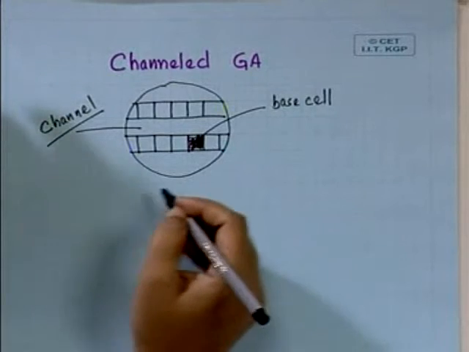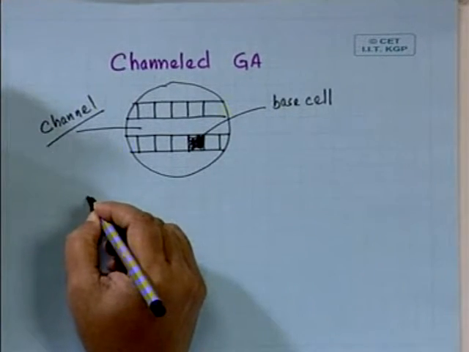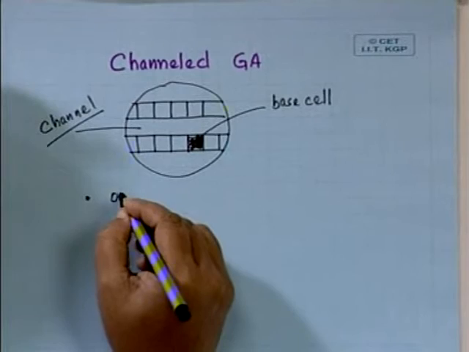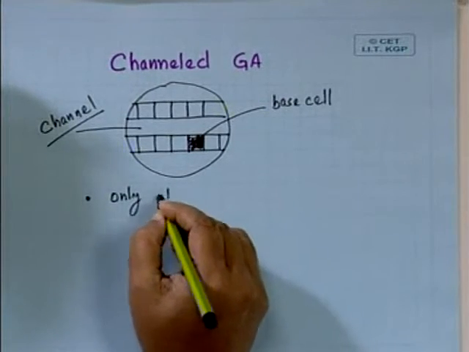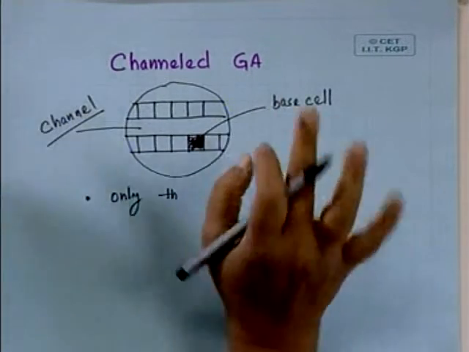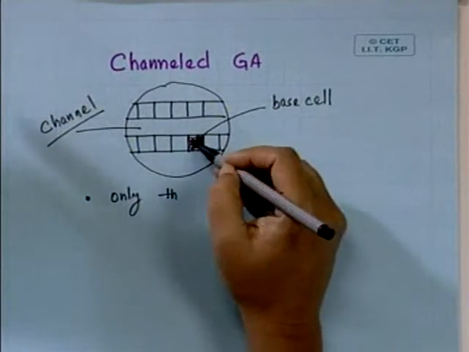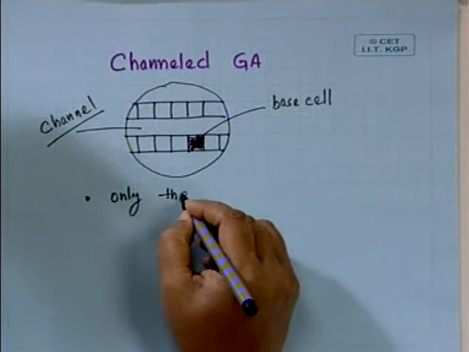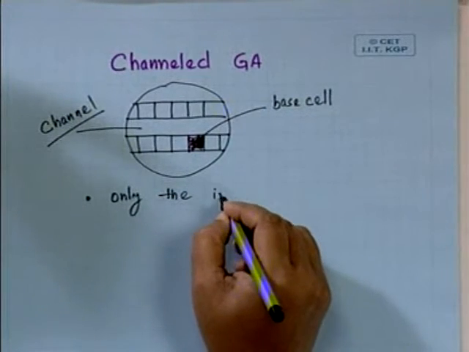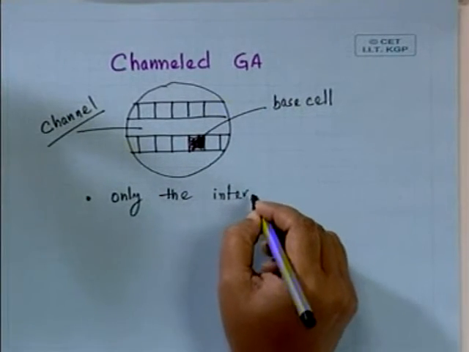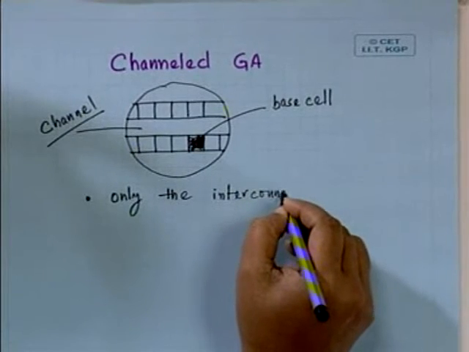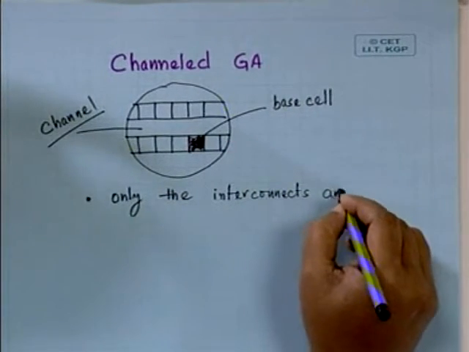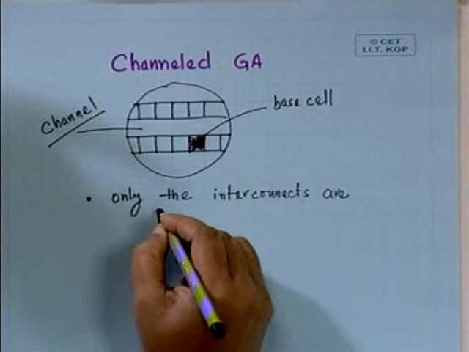Now the characteristics are: only the interconnects are customized, because the array of base cells is fixed. Worst case, these base cells are transistors. So only the interconnects are customized.